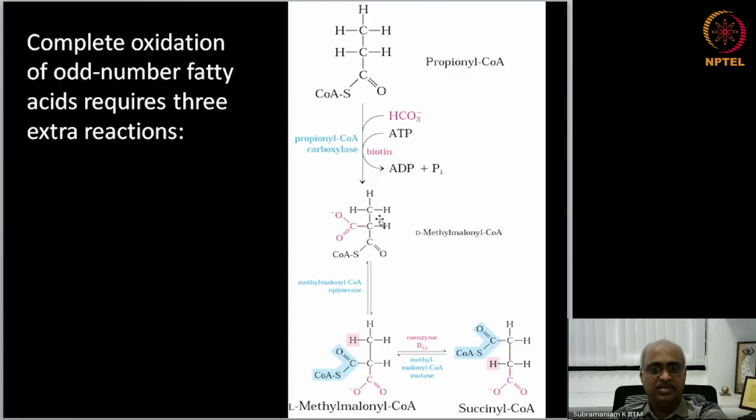And this is not a substrate for the very important enzyme that we are going to look at. Instead, the L version only is a good substrate. So this is the D, and the L version is produced by an epimerase, methylmalonyl-CoA epimerase. Remember, epimers means isomers but not mirror images.